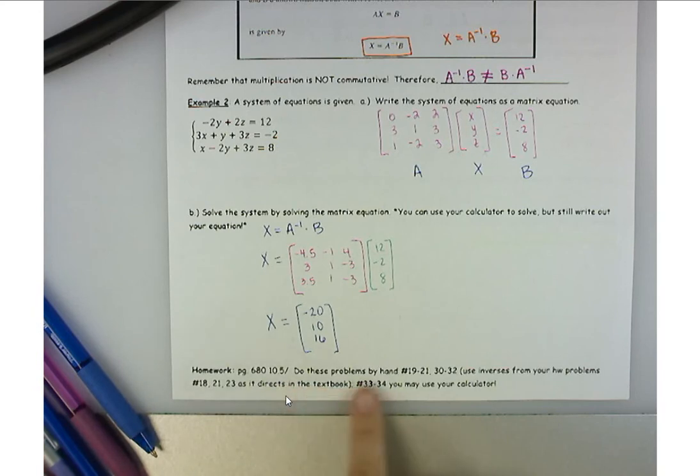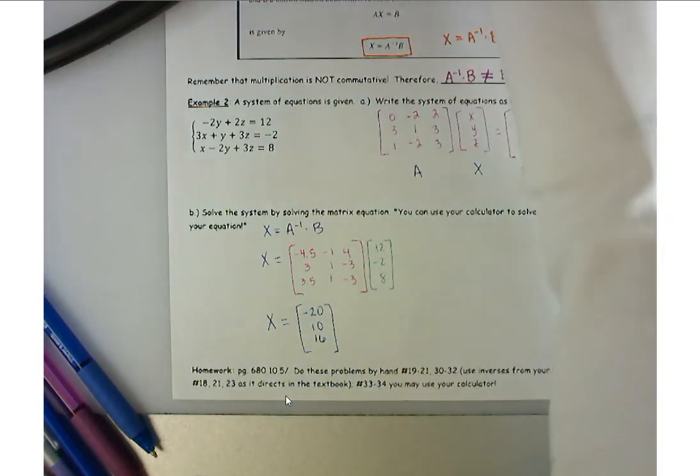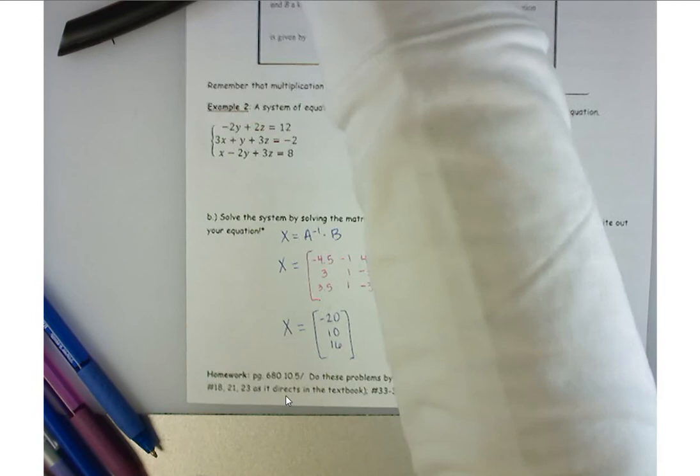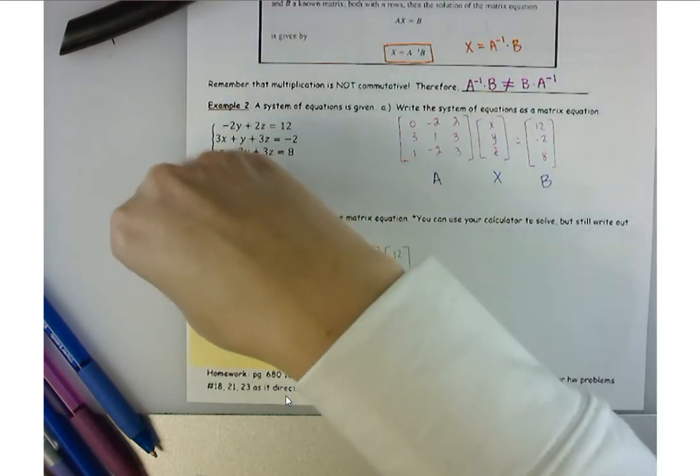Okay, now I gave you some special directions here for this day. So these are the problems that you're doing by hand. The 19, 21, and then the 30 and 32. It says this in the book as well, but I put it here too. It says use inverse from your homework problems 18, 21, 23 as it directs in the textbook. So your homework from yesterday, because we did 10.5 in 2 days, was this.